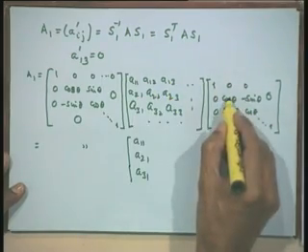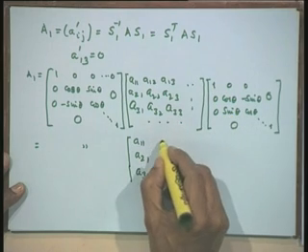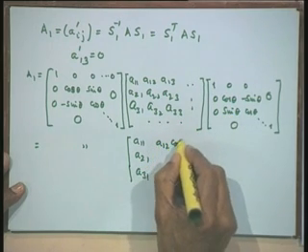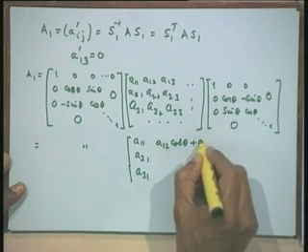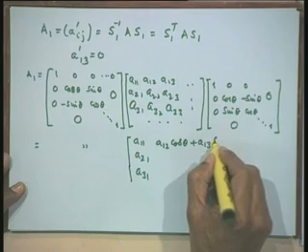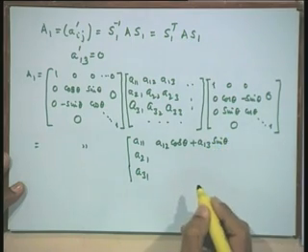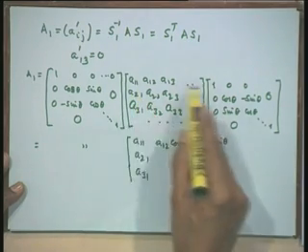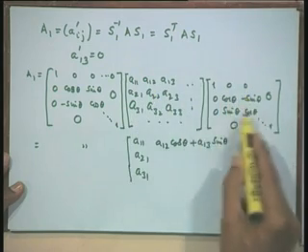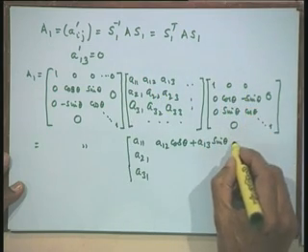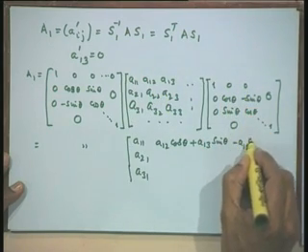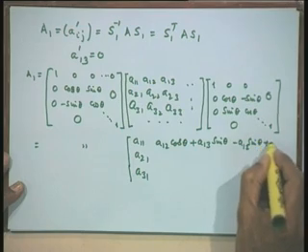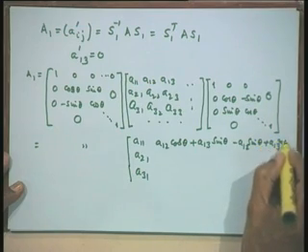This is A 1 2 cos theta plus A 1 3 sin theta. The first row third column gives minus A 1 2 sin theta plus A 1 3 cos theta.